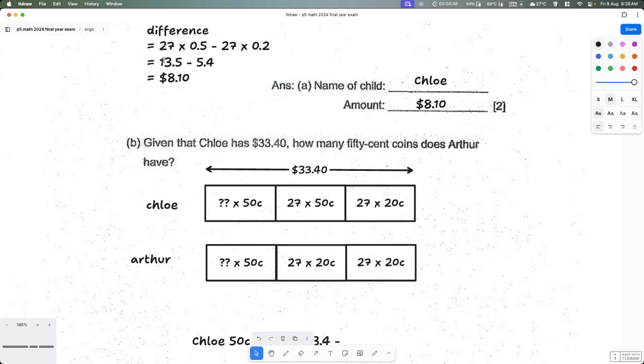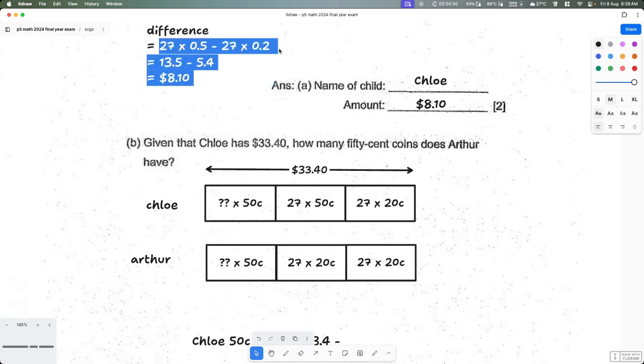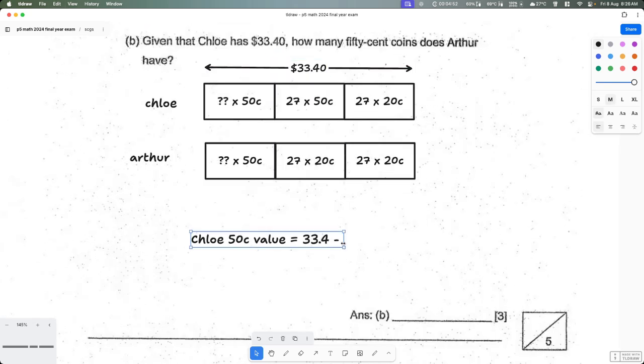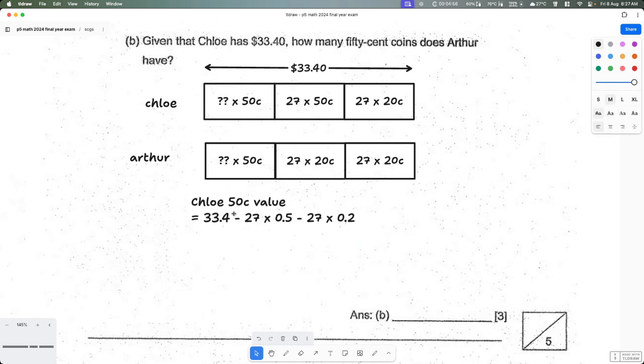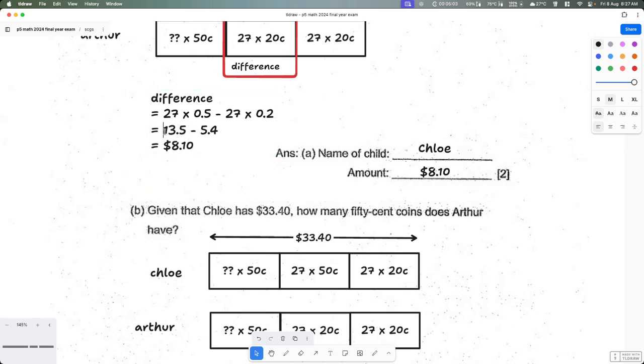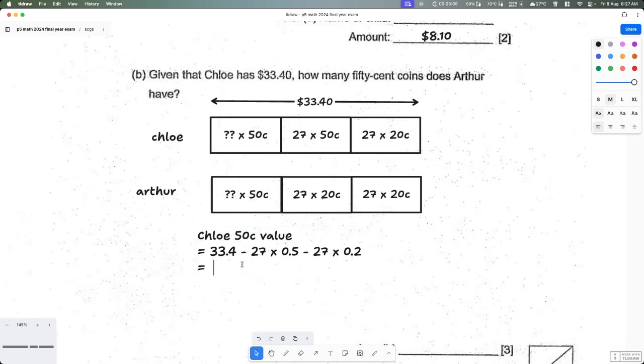I think we can get this as well. Same thing like this, right? So like this, 50 cents, and this is equal to the same thing over here. So 33.4 minus these two numbers.